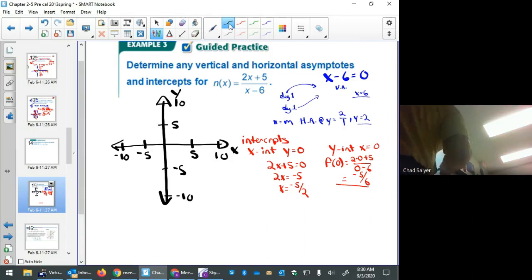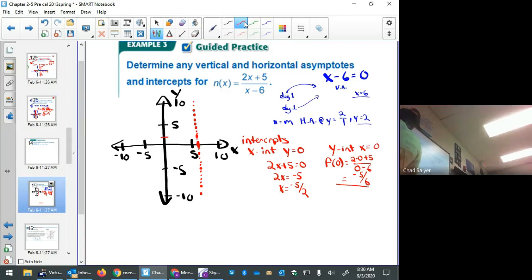So first of all, let me draw in the asymptotes. X equals positive 6. Be something like that. And then y equals 2. See, it's there. Would be something like that.